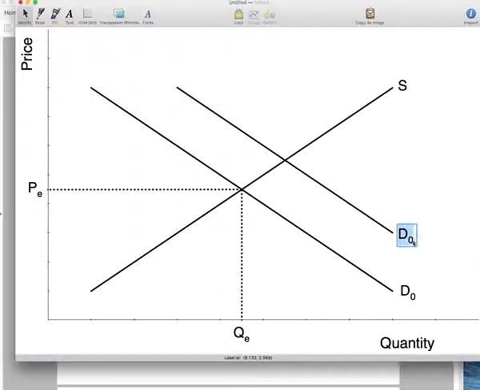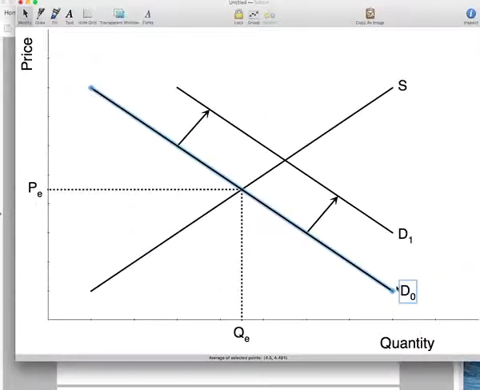It's easier than retyping it and doing the formatting, etc. And it might be very helpful for your illustration to put in arrows to distinguish the direction of the shift of the demand curve, like that. So here is the original demand curve.